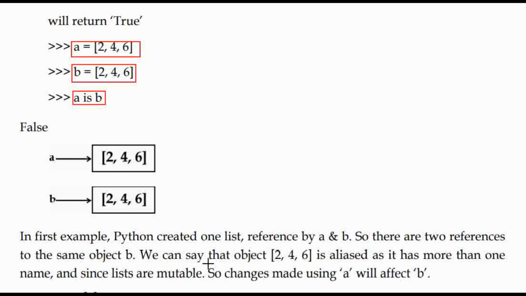We can say that the object [2, 4, 6] is aliased as it has more than one name, and since lists are mutable, changes made using A will affect B.